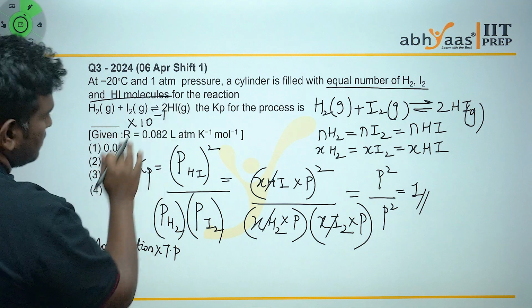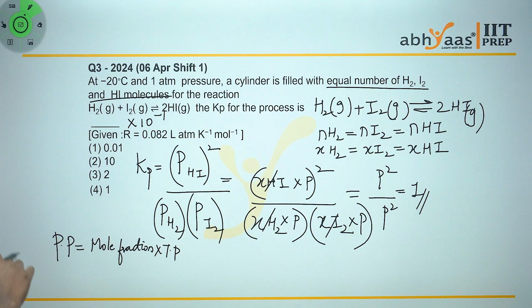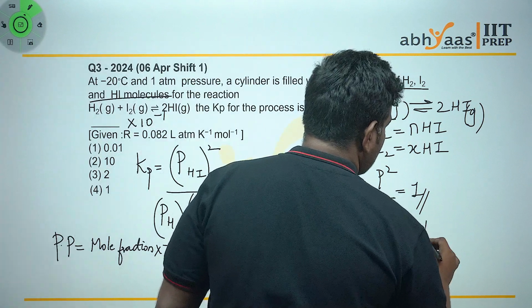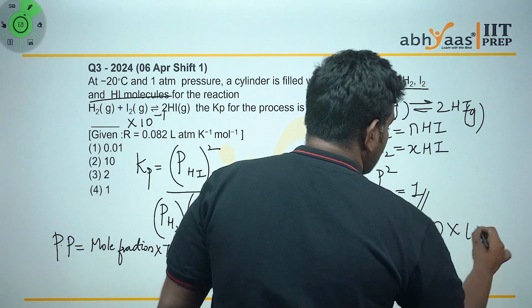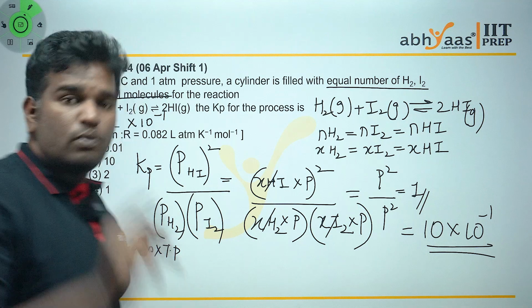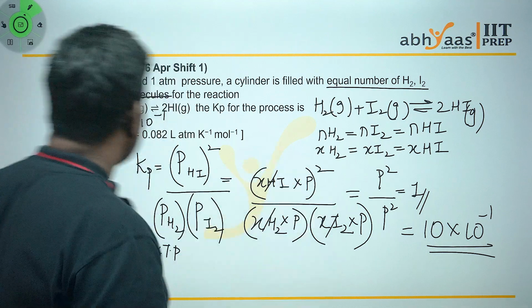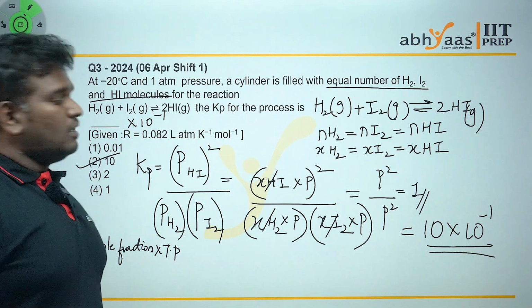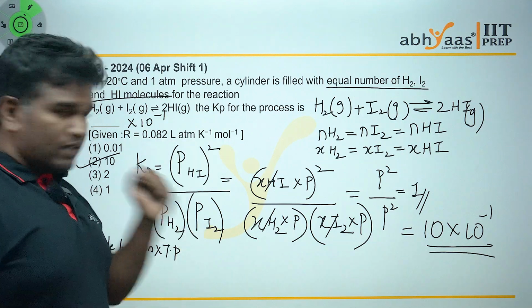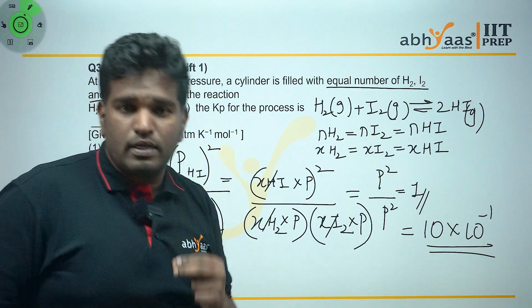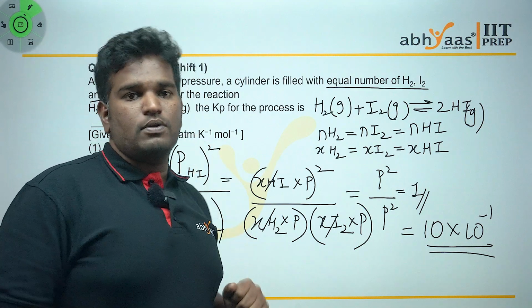It is also there, it is not included in the slide. How can we write 1 in terms of 10 raised to minus 1? I can write 10 into 10 raised to minus 1, which means 1 itself. So my answer is 10. This is also a very good question, a bit complex and an important model. So take a note of this particular question, right?